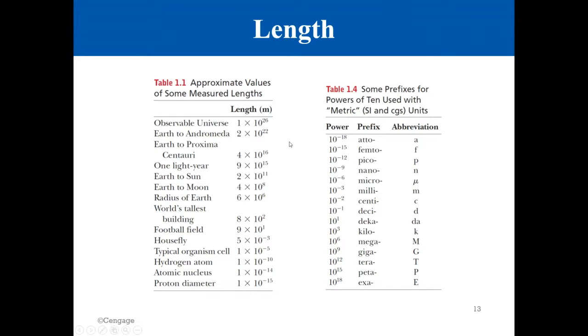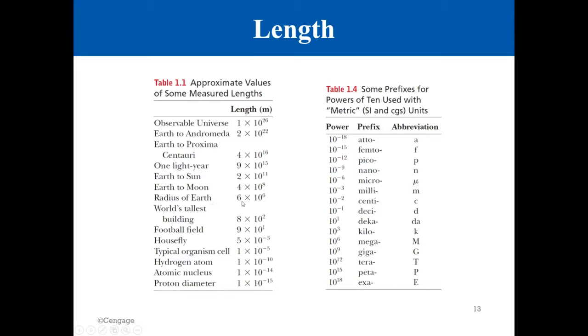So when we report about measurements, we deal with fundamental physical quantities: length, mass, and time. Here we have some examples of lengths that we measure. Like the distance traveled by light in 1 year is 9 by 10 to the power 15 meters.